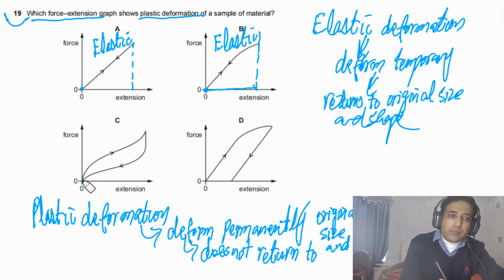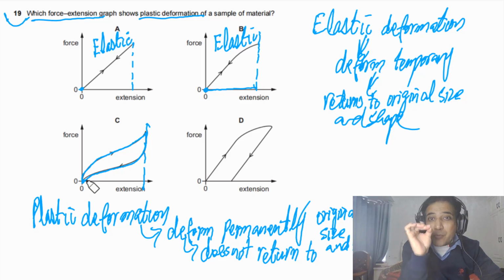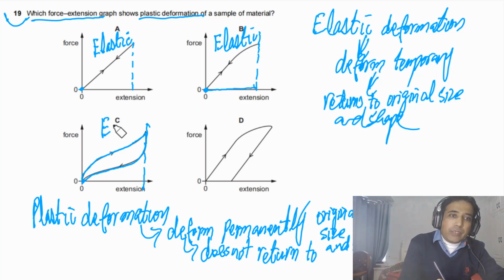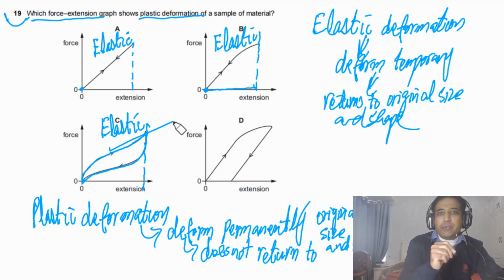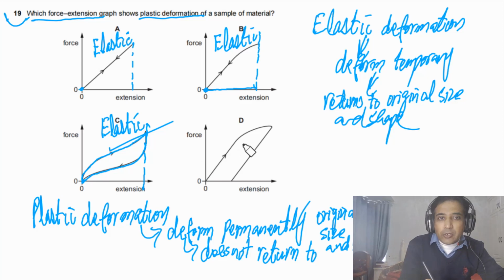Now if you look at this one, when we apply force, if you look at the loading curve, we have this much extension at this point. But when we remove the force, if you look at the unloading curve, at the end there is no extension. So it was deformed temporarily, and this is also elastic deformation. I hope you now understand what elastic deformation is. Now if you look at the last option, when we apply force, on the loading curve it has this much extension at this point.